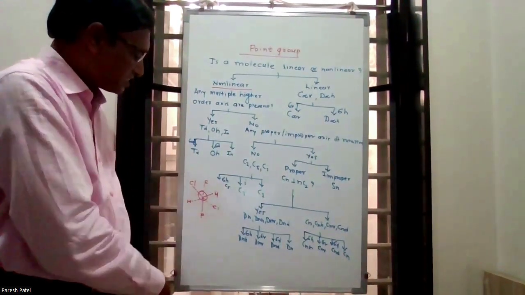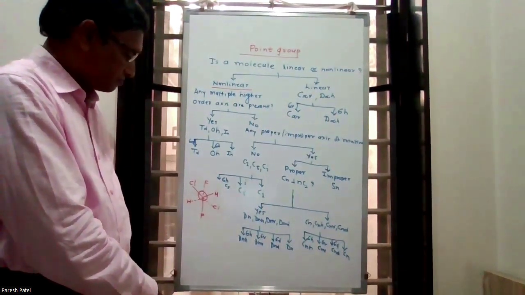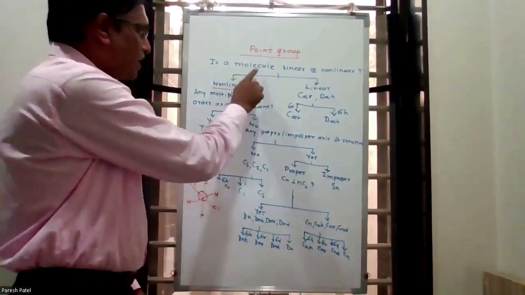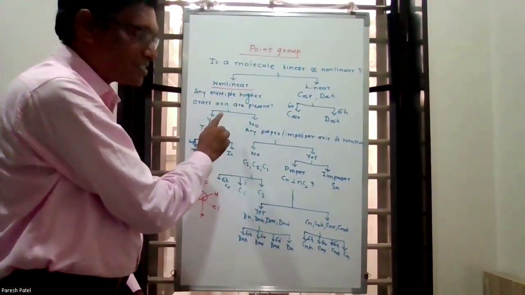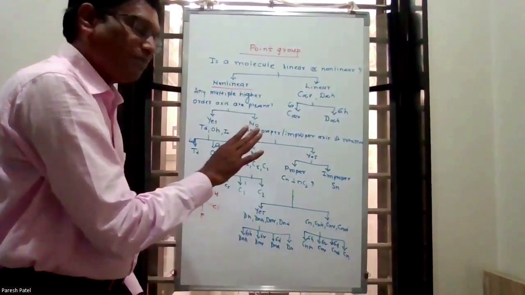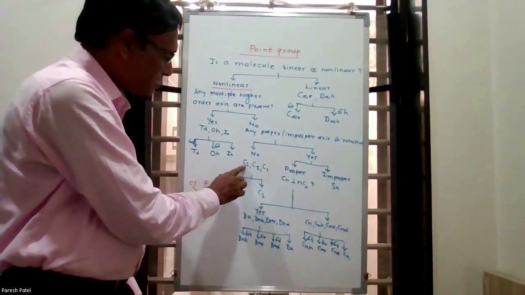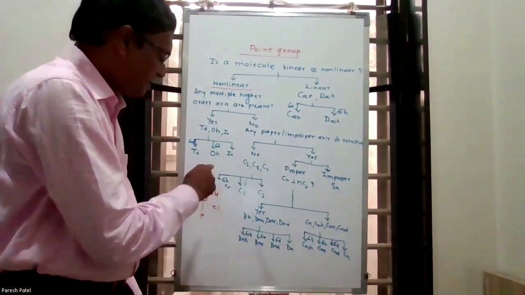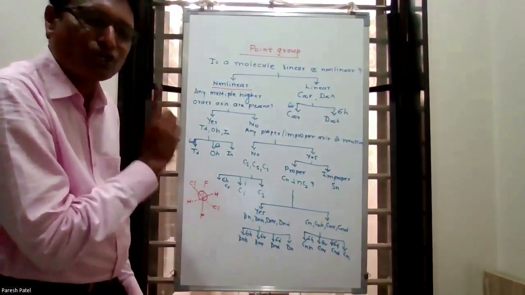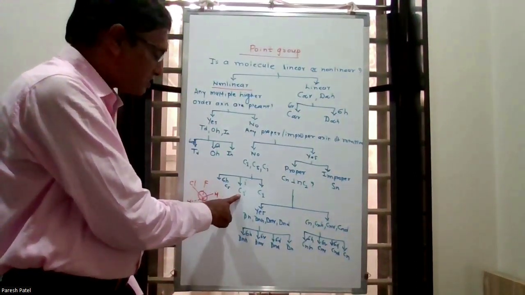So this is the example of trans-difluoroethane, and this molecule is non-linear. Multiple higher order axes are also absent. Proper and improper axes are also absent. It means we have to go for the options C1, CS, and CI. But here I is present. Center of symmetry is present in this molecule. So the point group is CI.